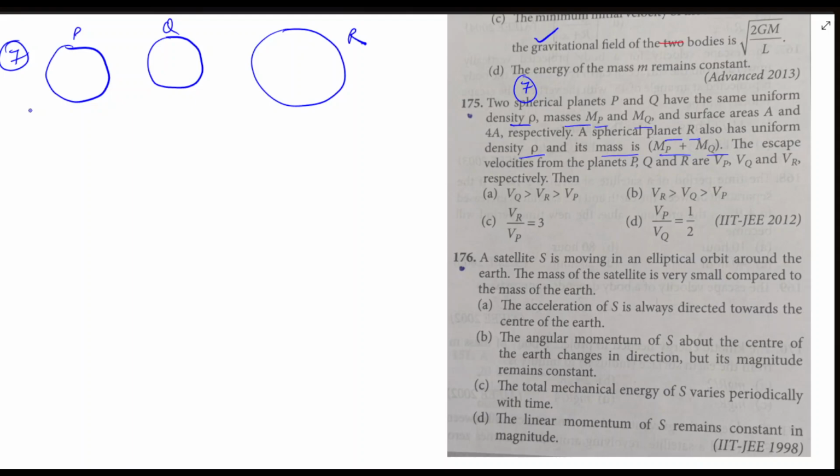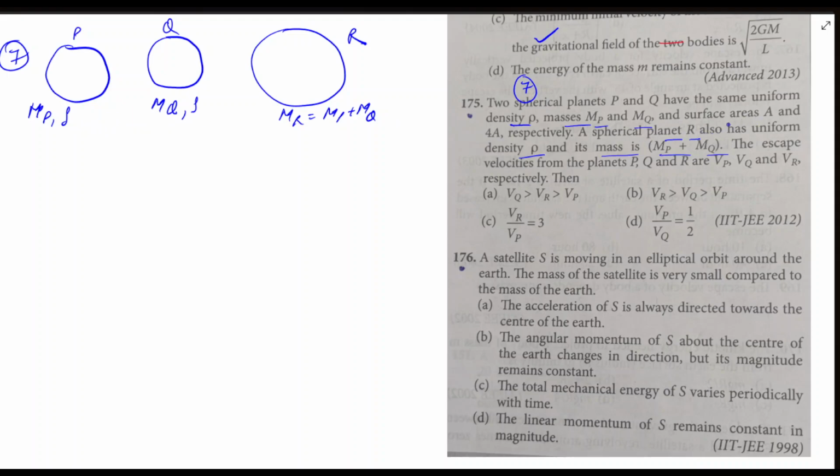Now the mass of planet P is MP, and this is MQ and this is MR, which is MP plus MQ. They both have the same uniform mass density, rho.